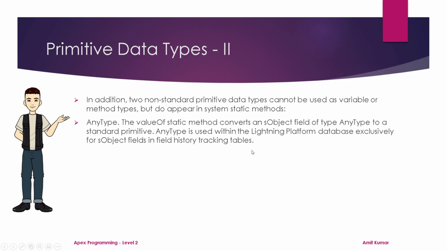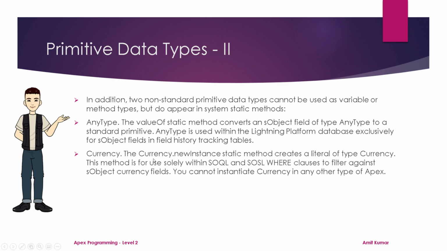So this is quite beyond the syllabus, but you should keep in mind that there is a non-standard type, AnyType, also available for you so that you can do the type conversion from a Salesforce object field to a primitive type. Currency. Now the currency.newInstance static method creates a literal for type currency, and as I told you, type currency, if you are using it in Apex, will by default convert into decimal type.